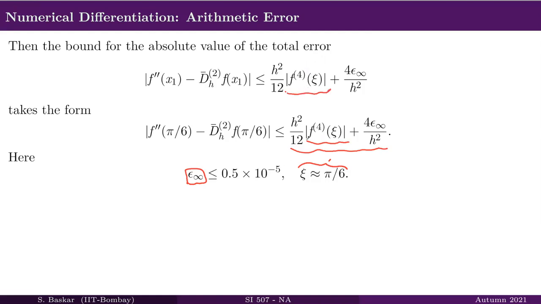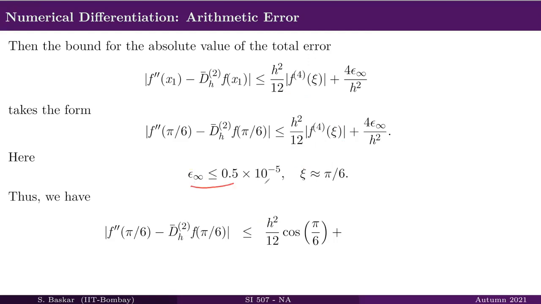Now I will eliminate this xi by putting xi as pi by 6. You can also use the infinite norm here. There should not be any problem. But this gives a more optimal upper bound for your total error. That is why I have chosen like this.